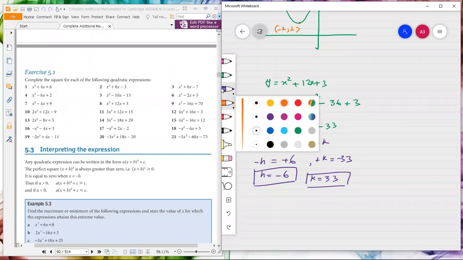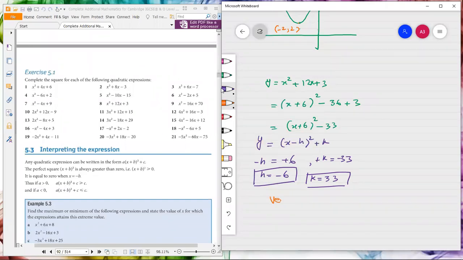This is the vertex, minus 6 and minus 33. When you put x is equal to 0, the y-intercept would be 3. Now draw this graph.